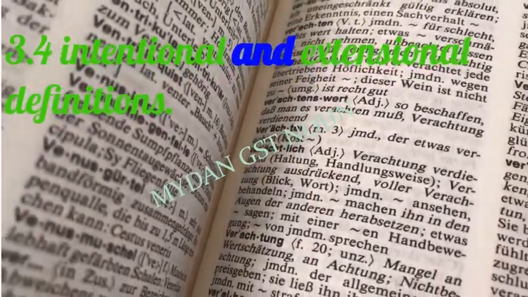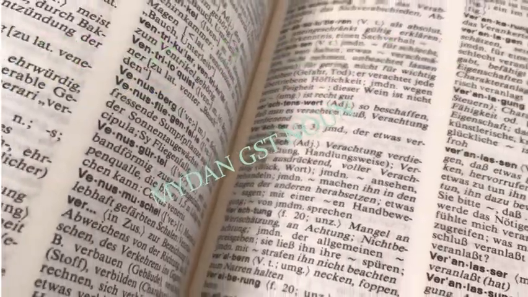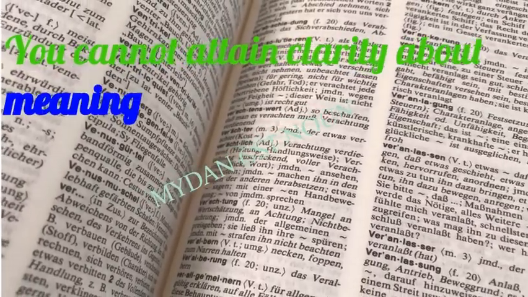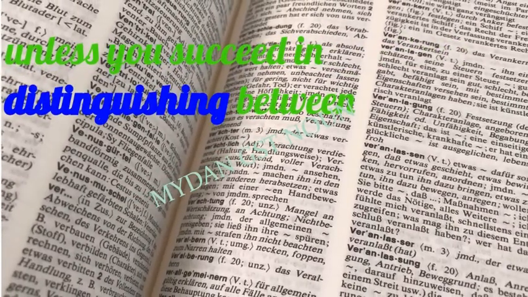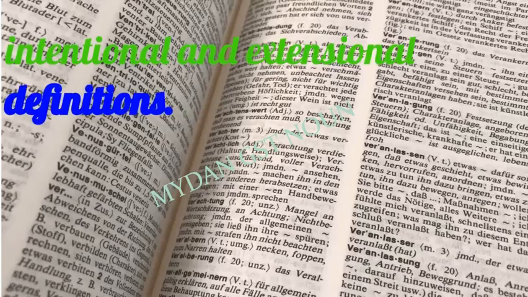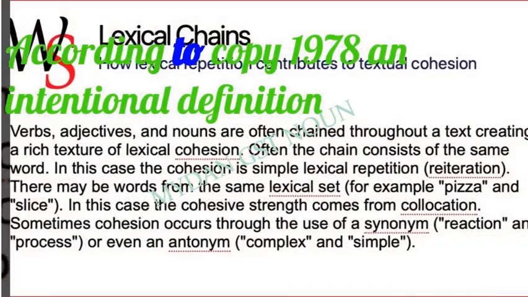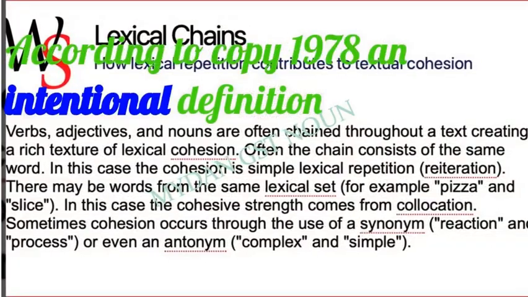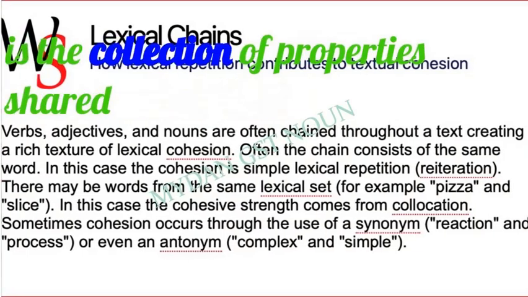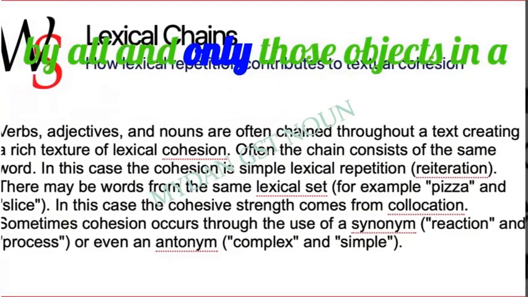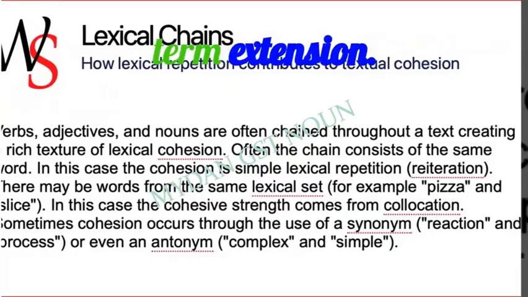3.4 Intentional and extensional definitions. You cannot attain clarity about meaning unless you succeed in distinguishing between intentional and extensional definitions. According to Copi, 1978, an intentional definition is the collection of properties shared by all and only those objects in a term's extension.